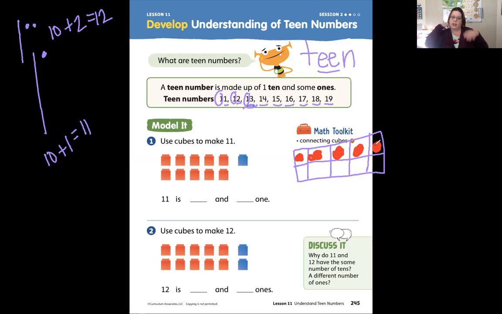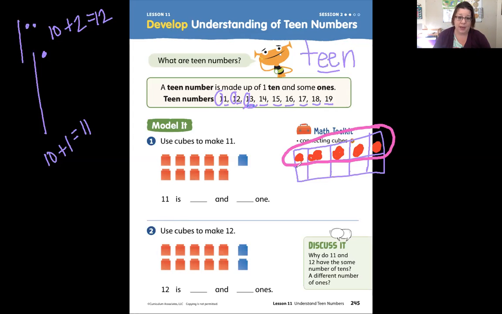Hey, you guys remember counting on your hand? Do you have to go 1, 2, 3, 4, 5? No, you know that one hand is 5. So that whole top row is 5 every time. If it's filled in, it's 5. If it's not filled in, you can figure out how many are there.